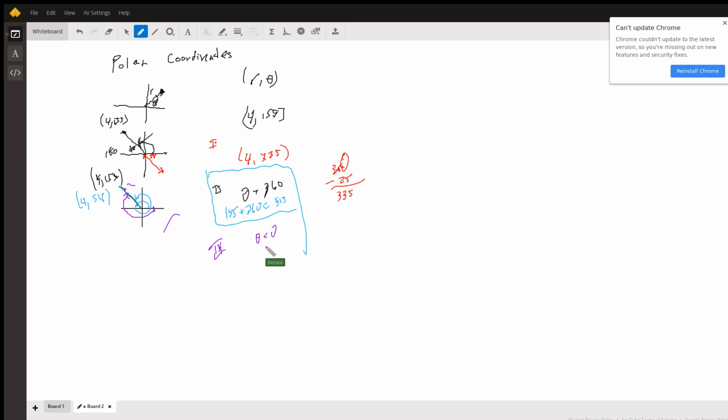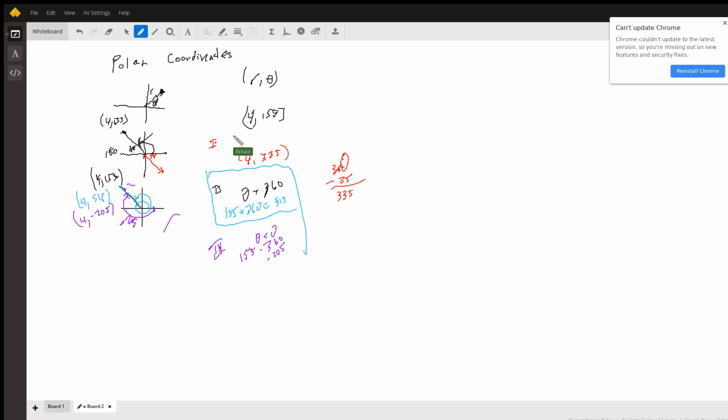The easiest way to do that is just take our 155 minus 360, and that's going to give us a negative 205. So this could be a negative 205 rotation over here. And so this is another way of writing the exact same thing, negative 205.